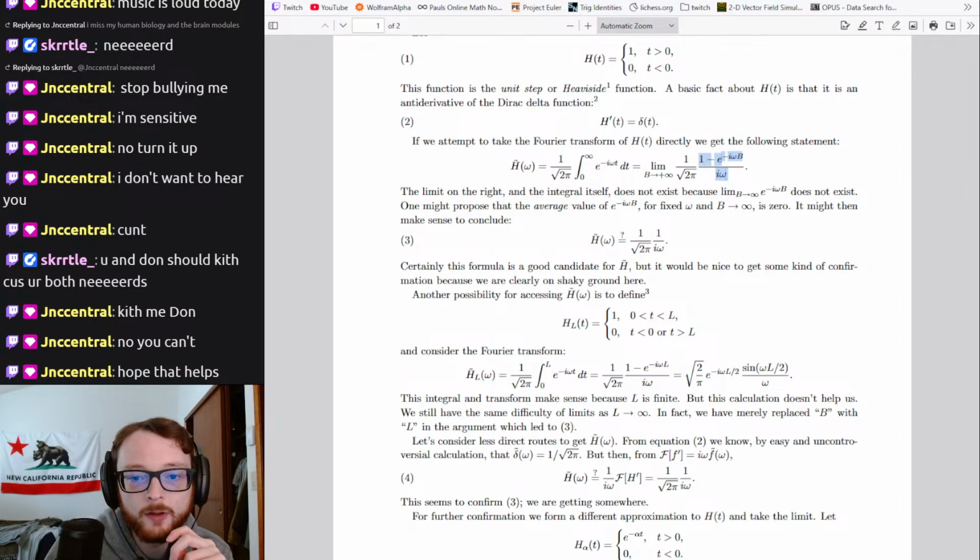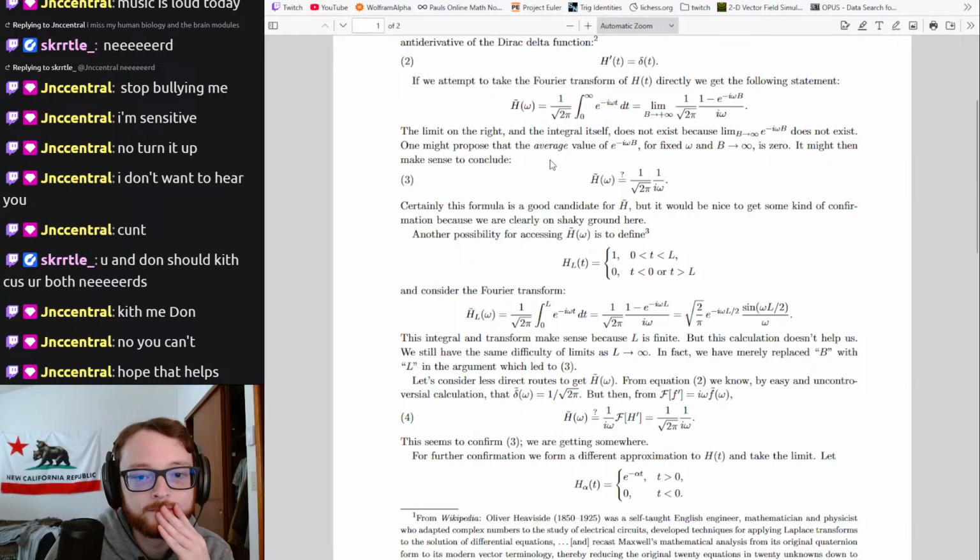E to the minus i lambda over... Yeah. Oh wait, why is this from 0 to infinity? Oh yeah, duh.